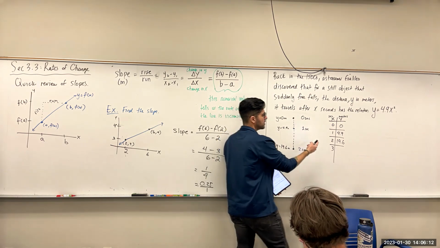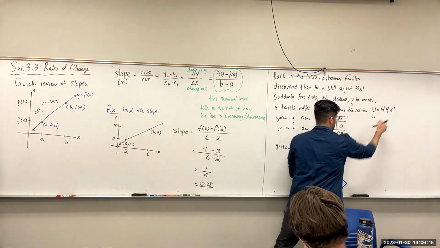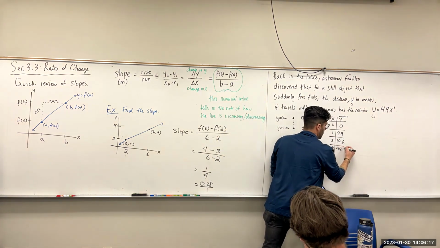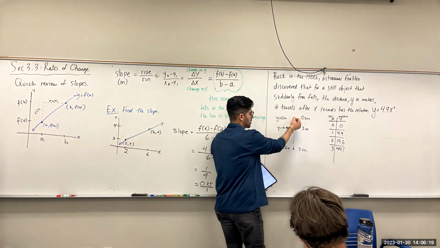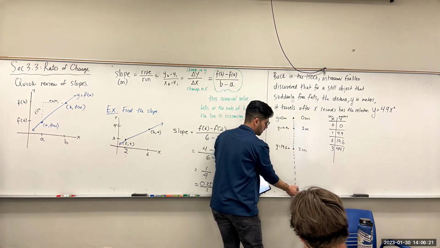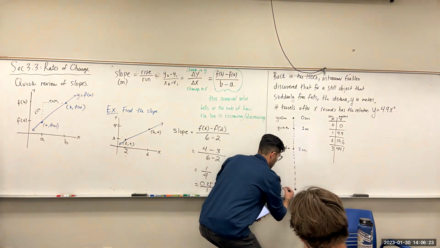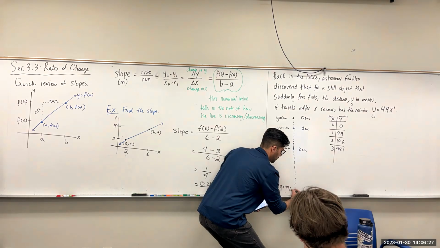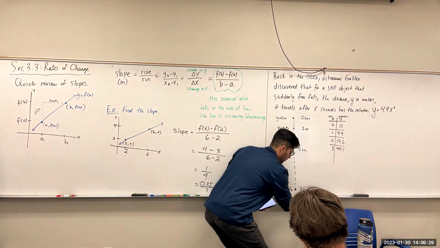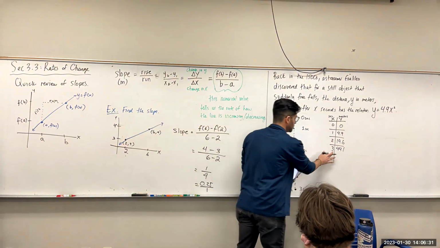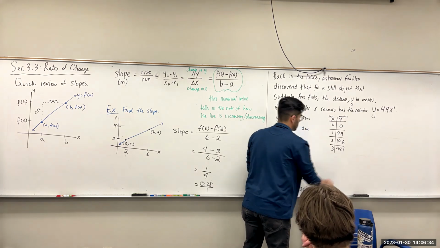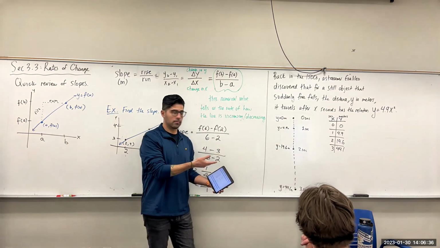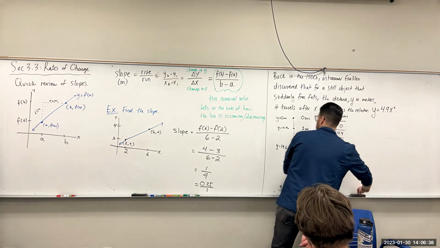And then in 3 seconds, plug the 3 in here, 44.1. So from 0 to 3 seconds, the pebble has fallen 44.1 meters in 3 seconds. Okay, that was the relationship that he found.